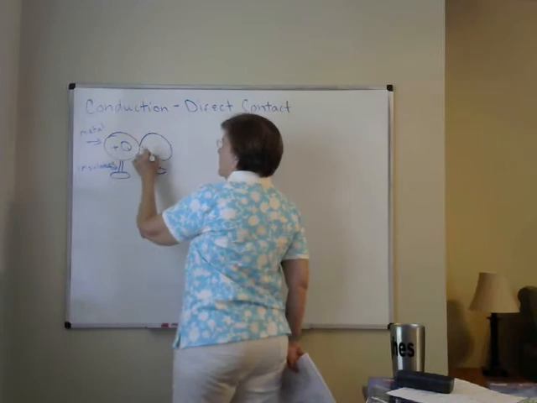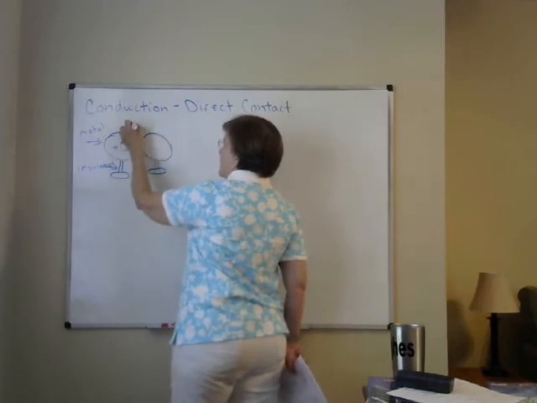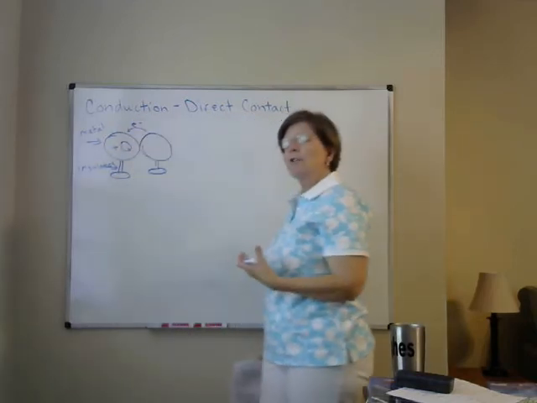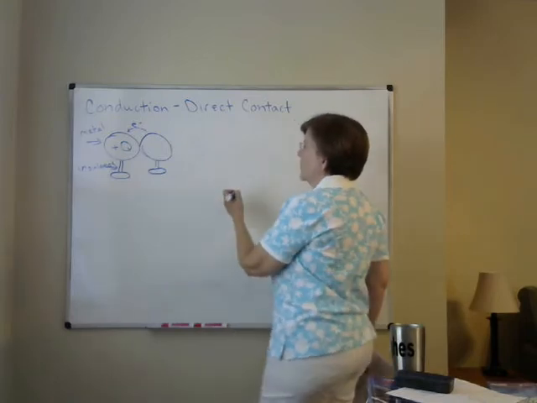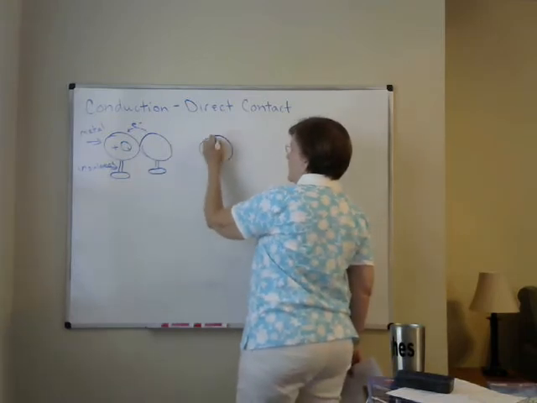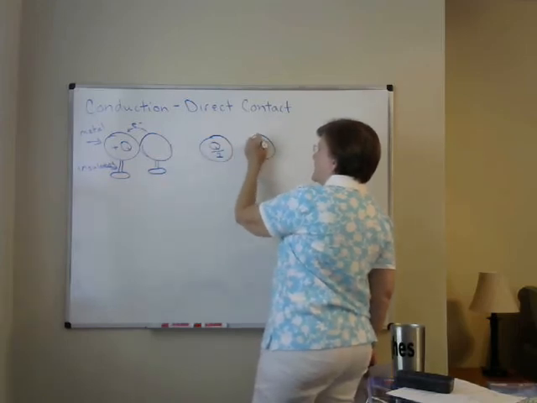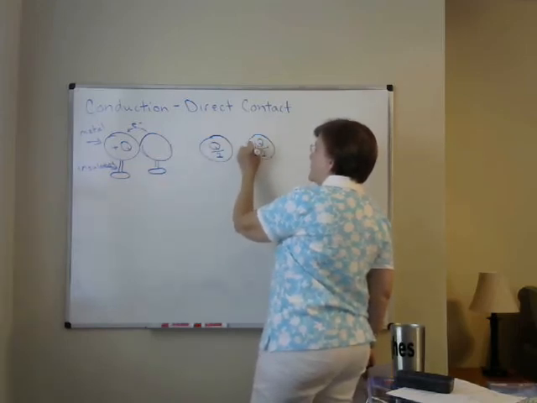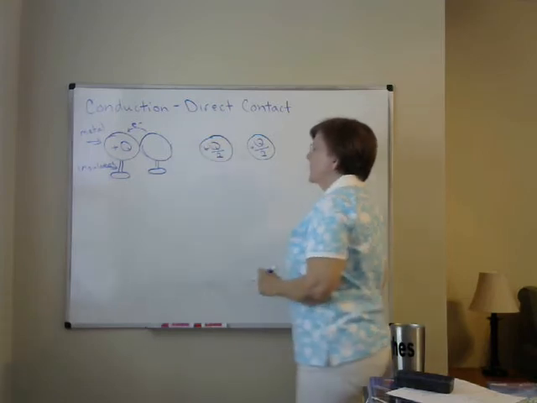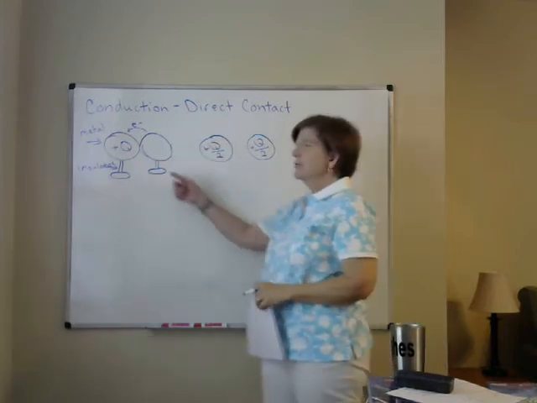And they're going to flow temporarily until the charges on those two spheres are equal. So if we wait just a minute, this one's going to have half the charge, and this one's going to have half the charge. They'll still both be positive, but they shared that charge.